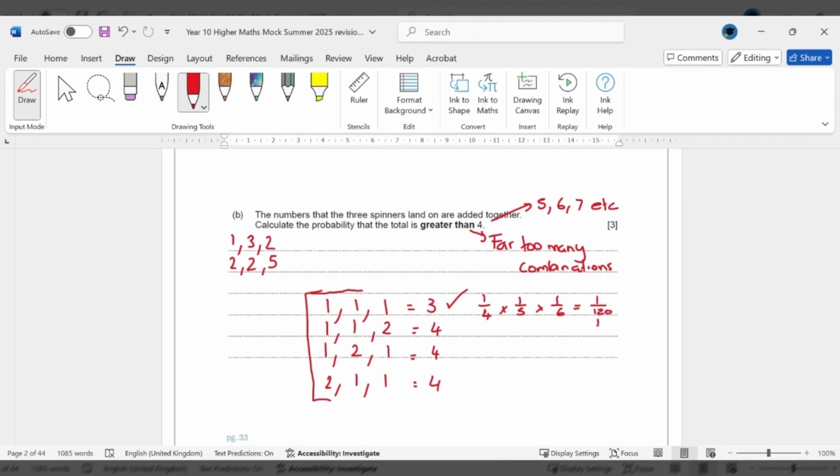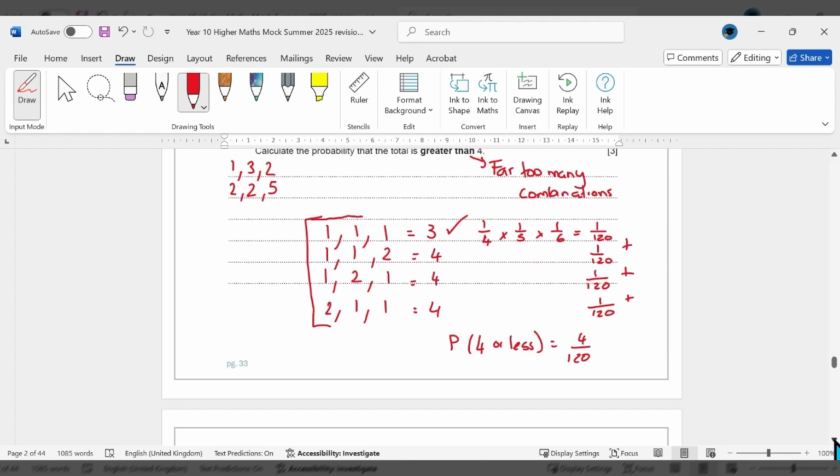But actually, they'd all be 1 over 120, because they're all 1 over 4 times 1 over 5 times 1 over 6. So in total, the probability of getting 4 or less is 4 out of 120. There are 4 combinations out of the 120 possible that would do that.